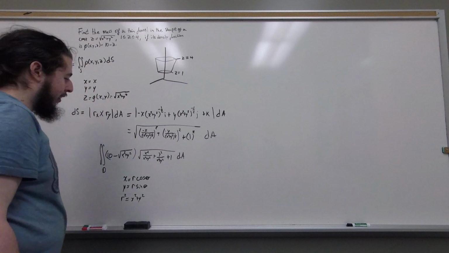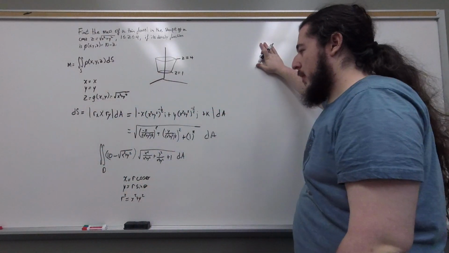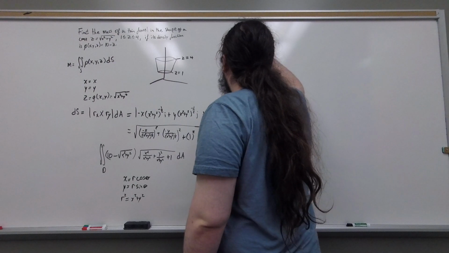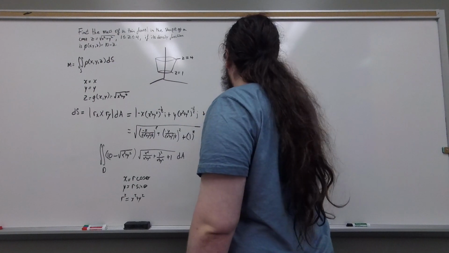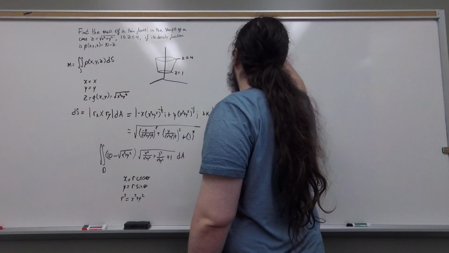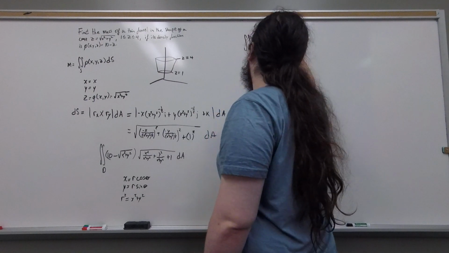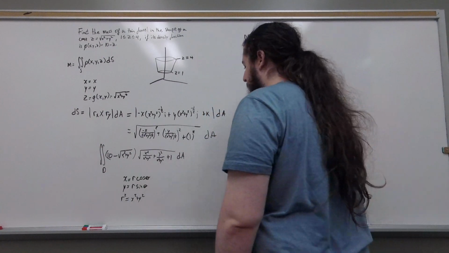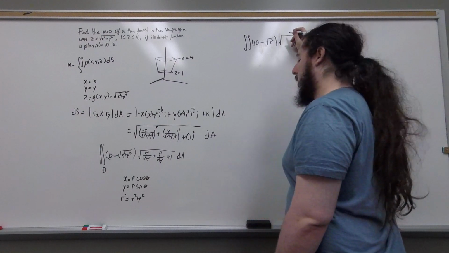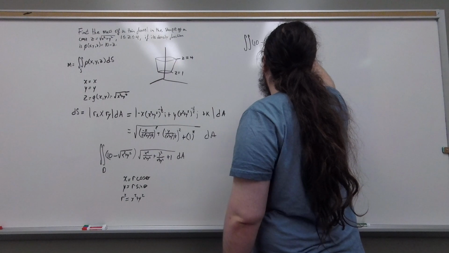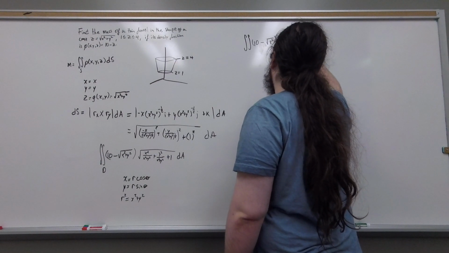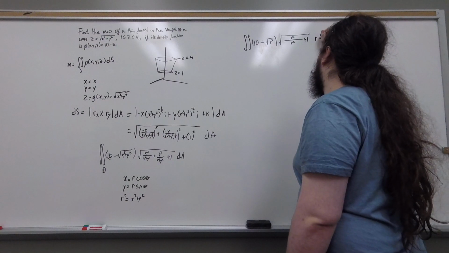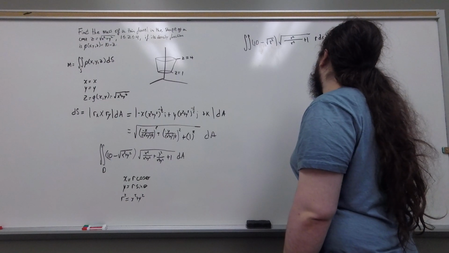As you can hopefully see, we end up with an integral where we have 10 minus the square root of r squared, times the square root of r squared over r squared plus 1, times our Jacobian, which is r, and then our two differentials, dr and d theta.